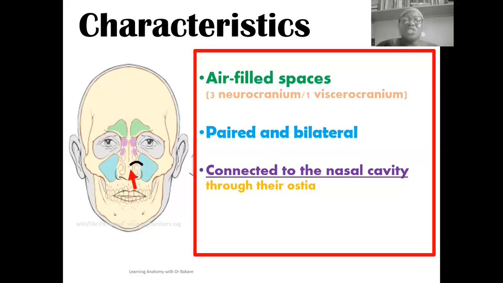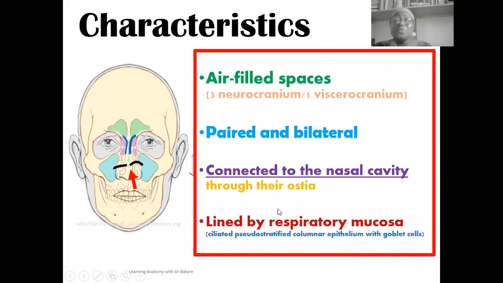You have the ostium here of the maxillary sinus connecting the maxillary sinus on the left side with the nasal cavity, and this is what is highlighted here in black. And we also have another ostium here connecting the right maxillary sinus with the nasal cavity. So this is how you have the ostia connecting the different paranasal sinuses with the nasal cavity.